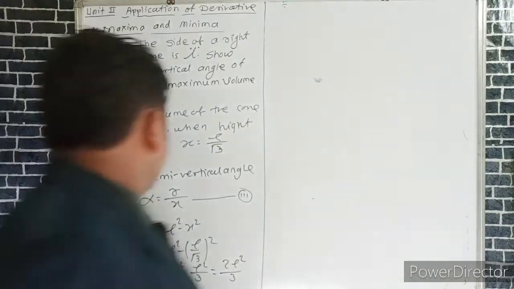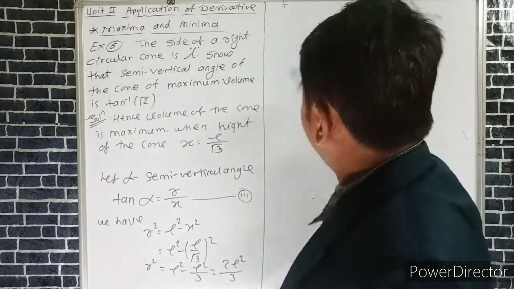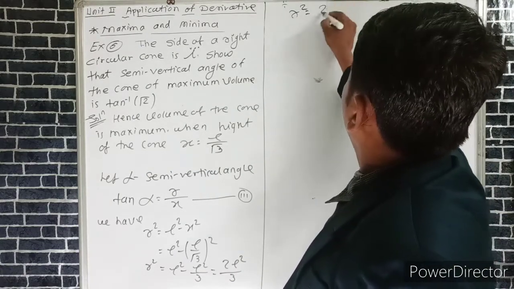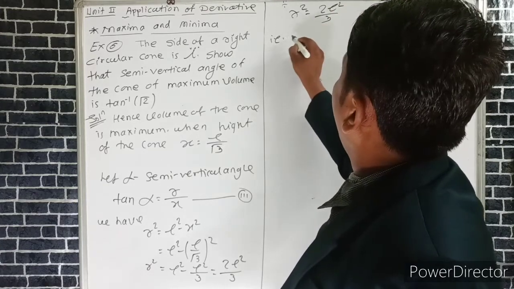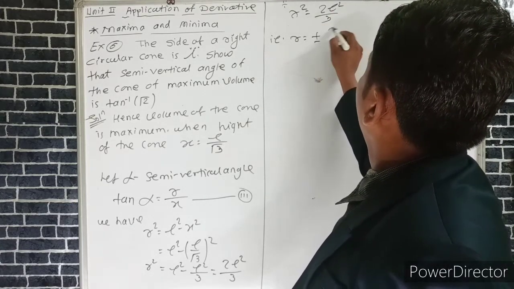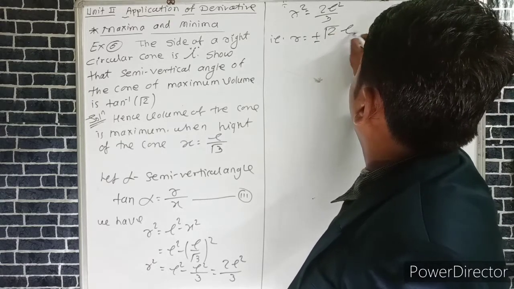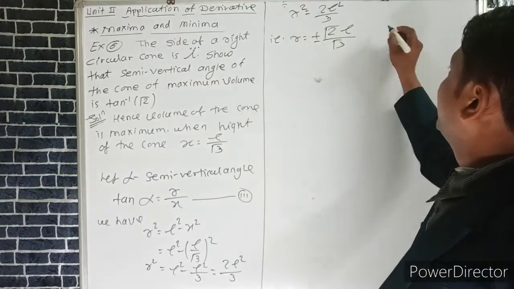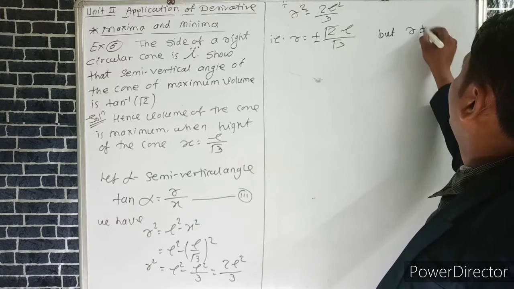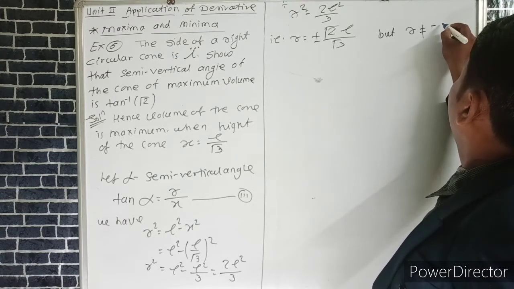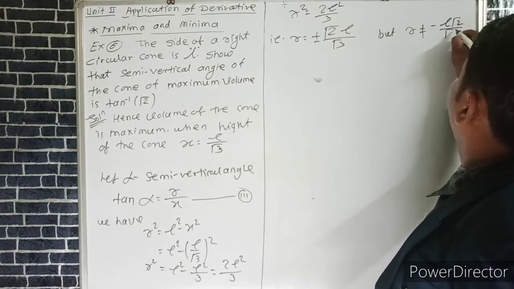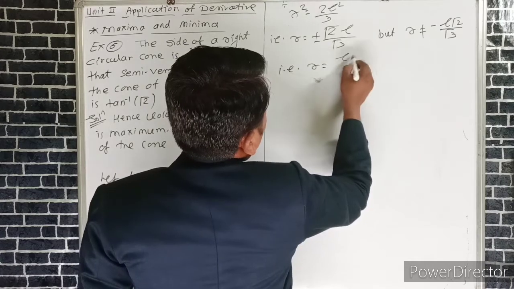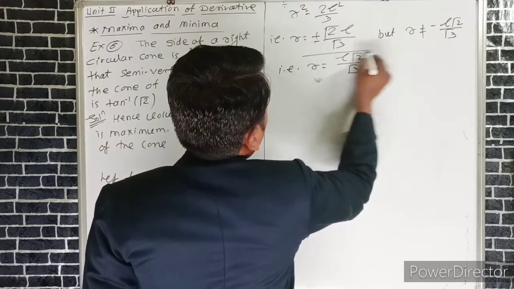Here r square is equal to 2L square upon 3, so the value of r is plus or minus root 2 L upon root 3. But r is a radius and the radius is not negative, hence r is not equal to minus L root 2 upon root 3. The required value of r is L root 2 upon root 3.